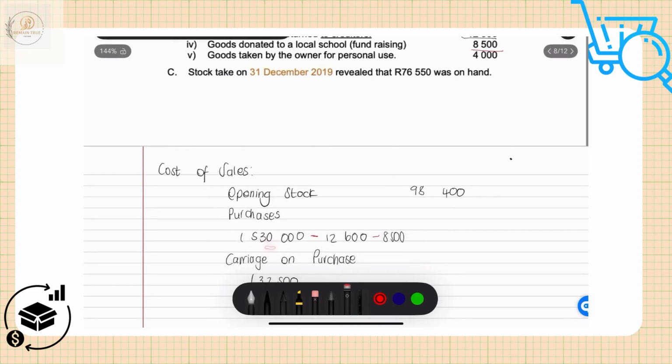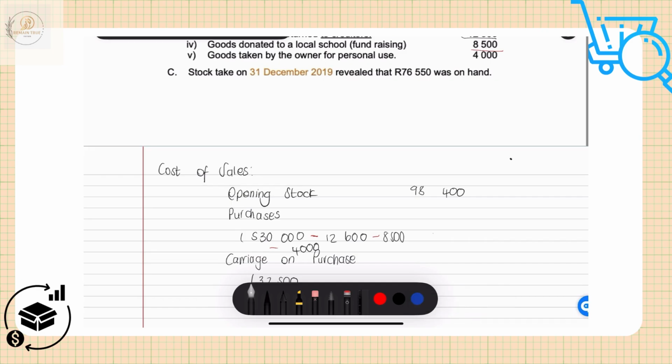So again, negative how much? 4,000. And we should get a total of, put in your calculators please, 530,000 less 12,600 less 8,500 less 4,000.